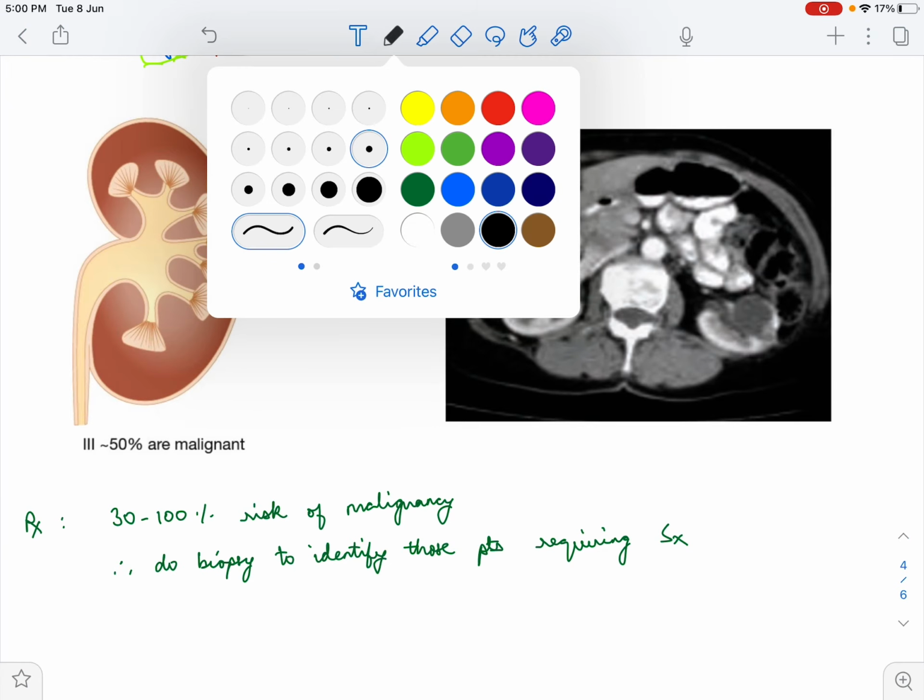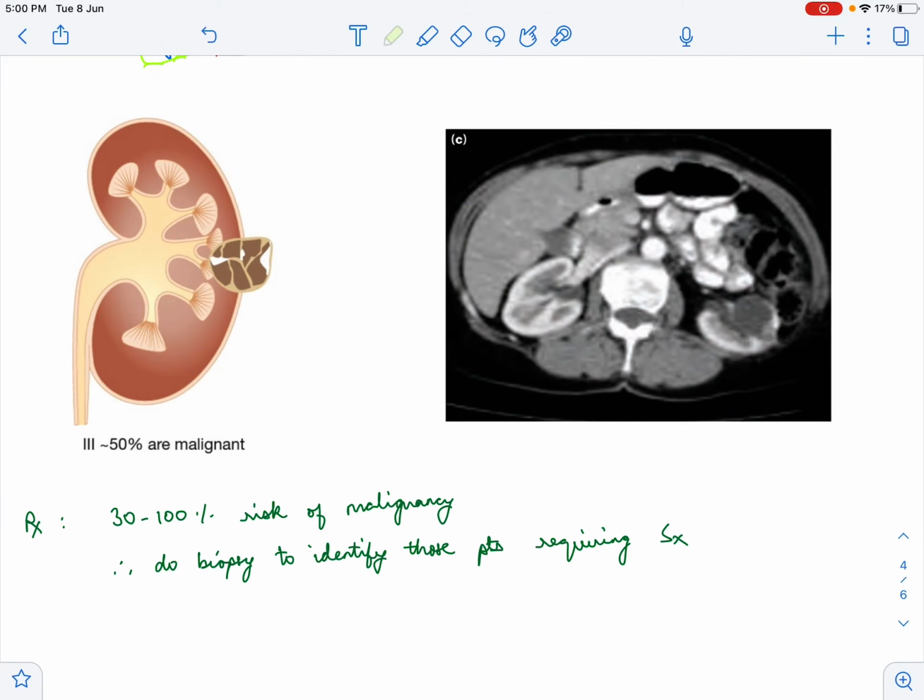So in this imaging diagram, we can see that this is the kidney. This is the cyst. And you can see this white structure over here. These are enhancing. This is the enhanced cyst.